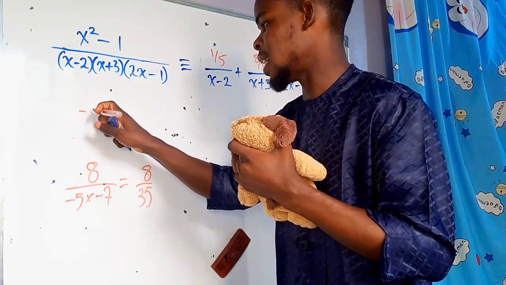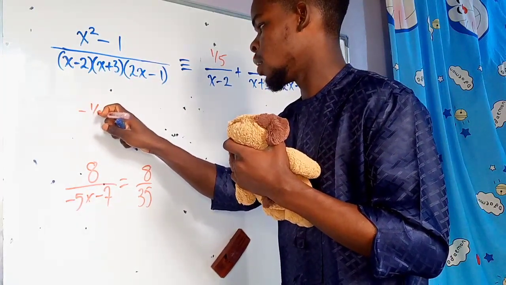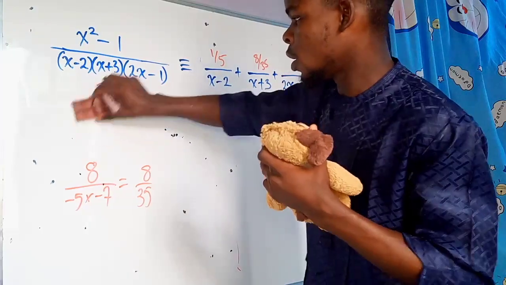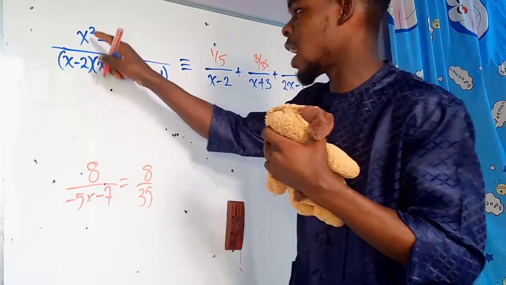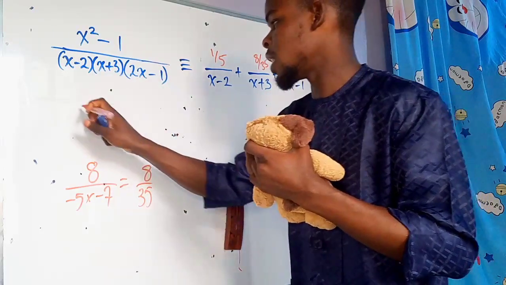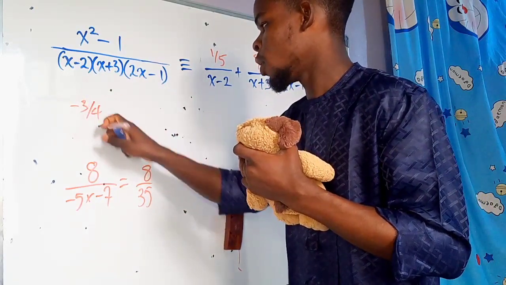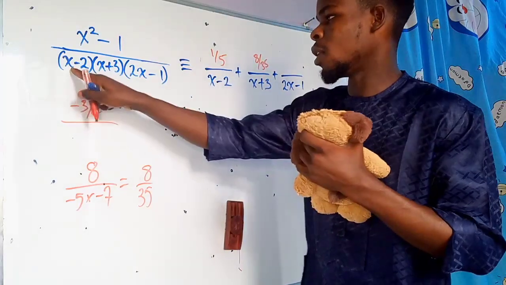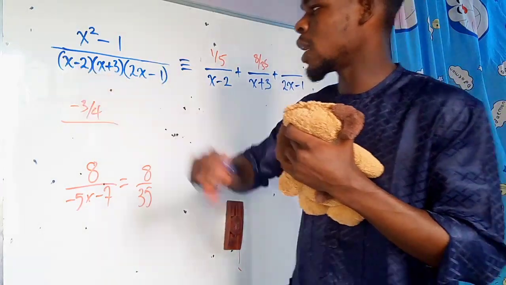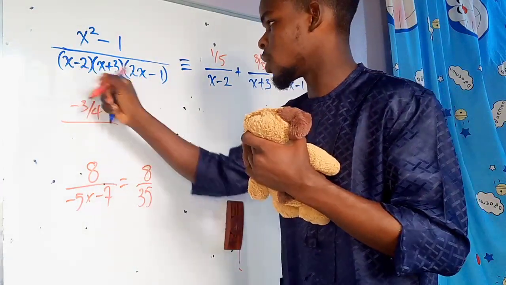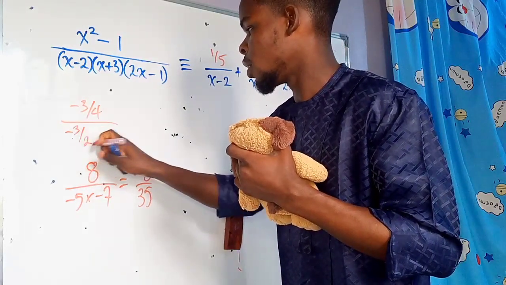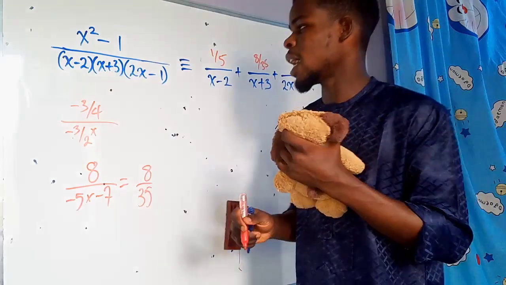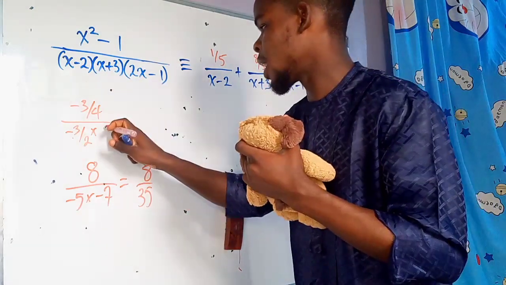Subtract 1 from that, that is negative 3 over 4. Divided by, well, we cover this up, so 1/2 minus 2, that is negative 3/2. And then we multiply that by 1/2 plus 3, that is 7/2.